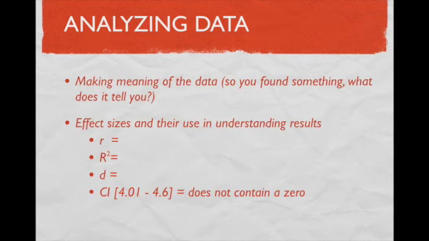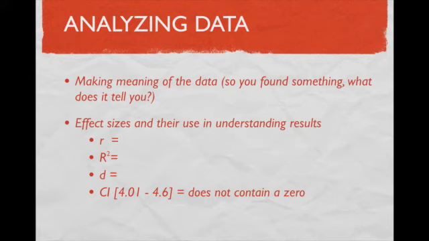As we move forward, one of the things that we need to consider is how do we make meaning of the data? So let's say we have this great methodology, we have this great design, we go out to find things and we collect some data, and so we found something, but what does it actually tell us? Well, there are some ways and some techniques that we can use to really understand our results.